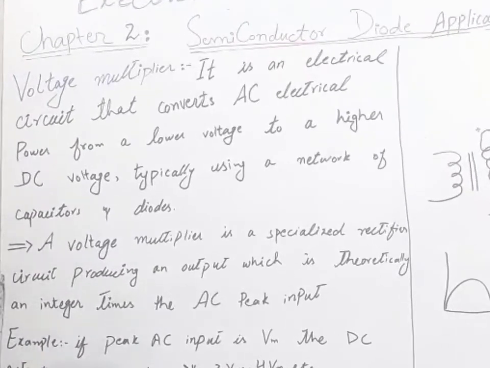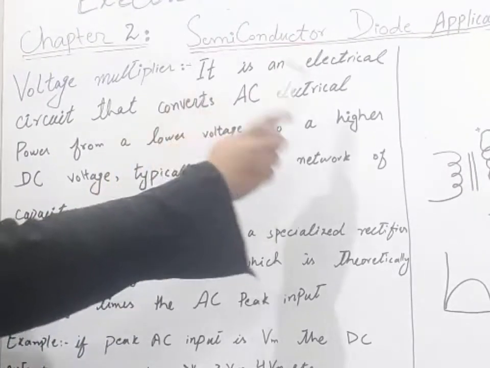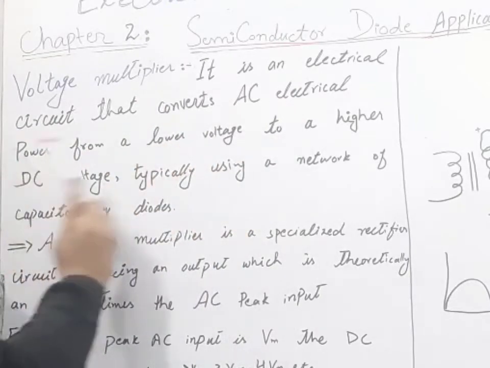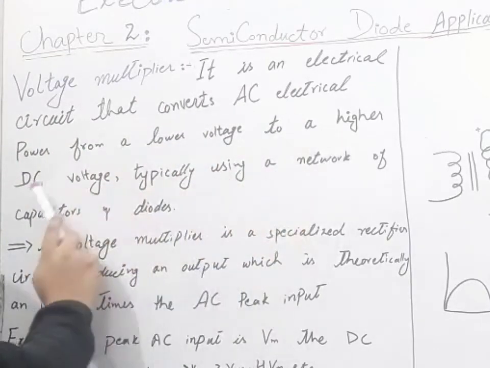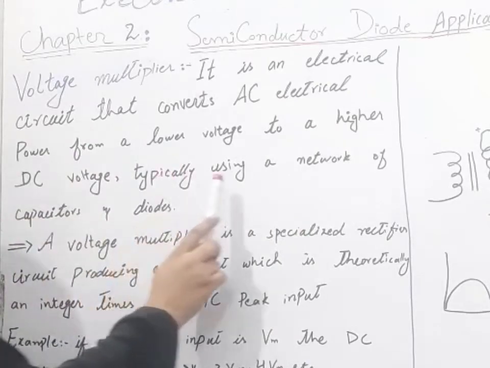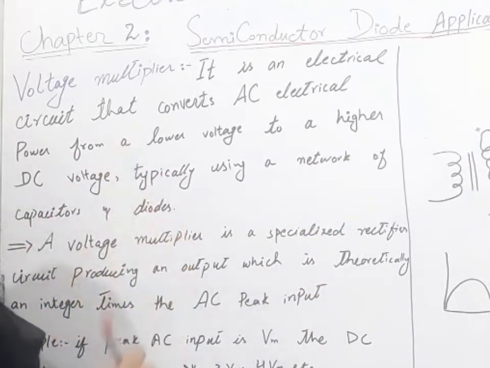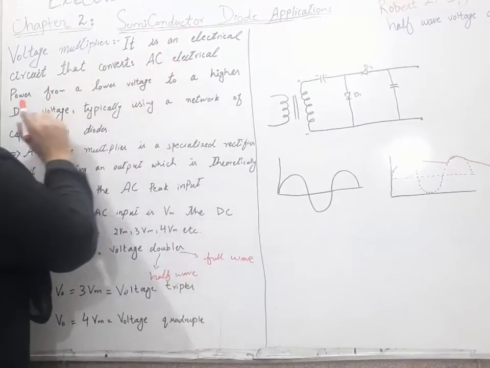So what is a voltage multiplier? It is an electrical circuit that converts AC electrical power from a lower voltage to a higher DC voltage, typically using a network of capacitors and diodes. So it will convert the AC electrical power.